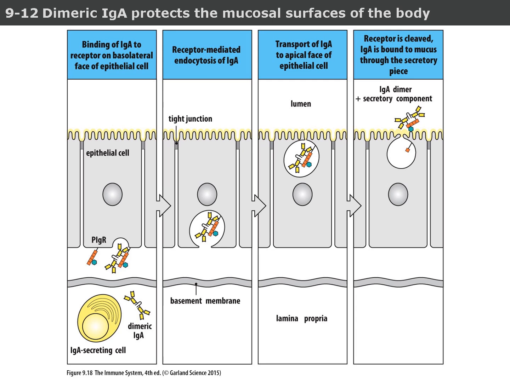This process leaves behind a piece of the pIgR known as the secretory component, which remains bound to IgA. This component stabilizes the antibody and protects it from enzymatic degradation. The end result is a dimeric IgA molecule embedded in mucus, forming the first line of immune defense at mucosal barriers such as the gut, lungs, and reproductive tract.